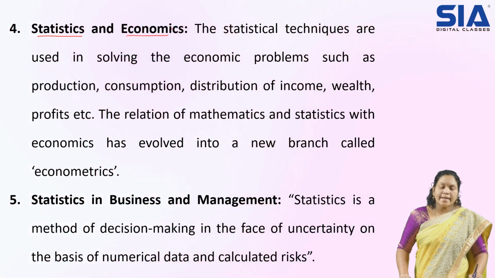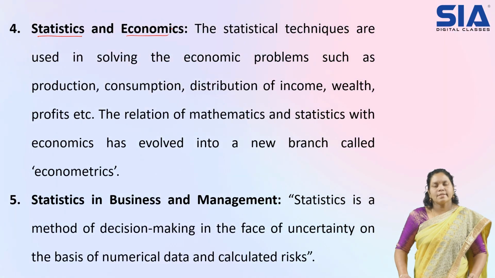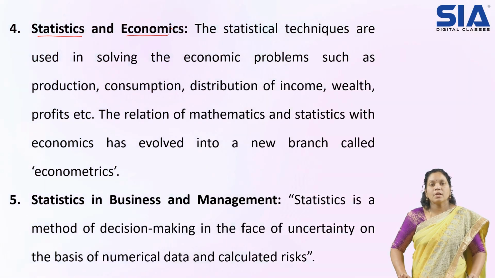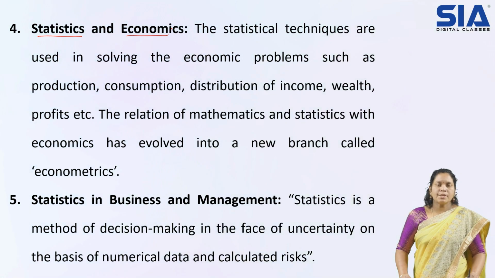So statistics and economics, yes, maths, stats and economics go together, because economics is also just like statistics. How the future goes on, like how the profit and loss of the state or the government goes on, all that comes under economics. Yes, that all comes according to the planning only. Planning means statistics again.